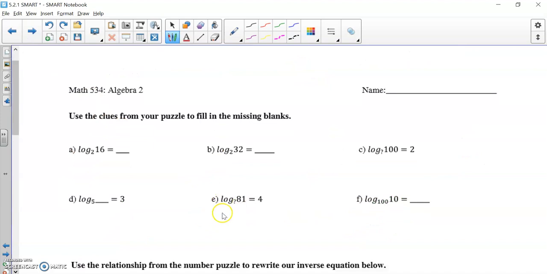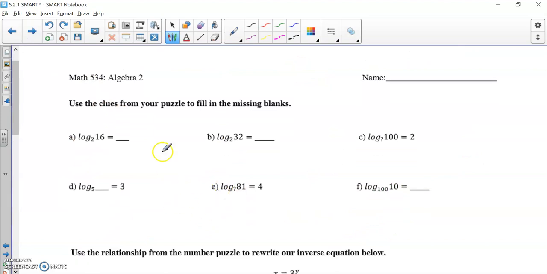All right. So now we're going to use that relationship to try and fill in these missing blanks. So let's look at this one. Anywhere there's a blank, you could just call it an X because that's what we're looking for. So if I pretended there was an X here and I followed my circle of life, I could say that 2 to the X is equal to 16.